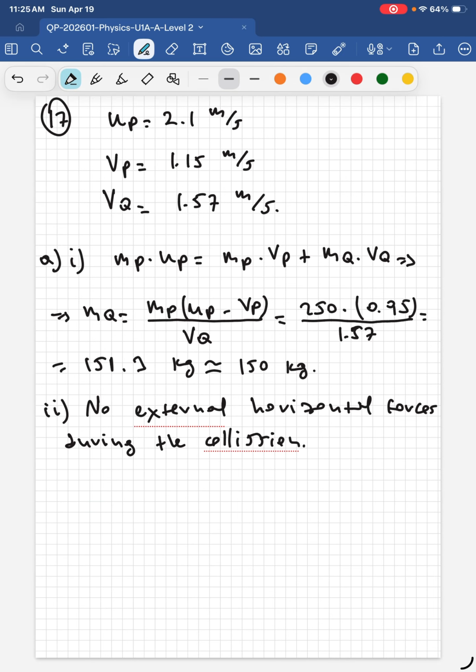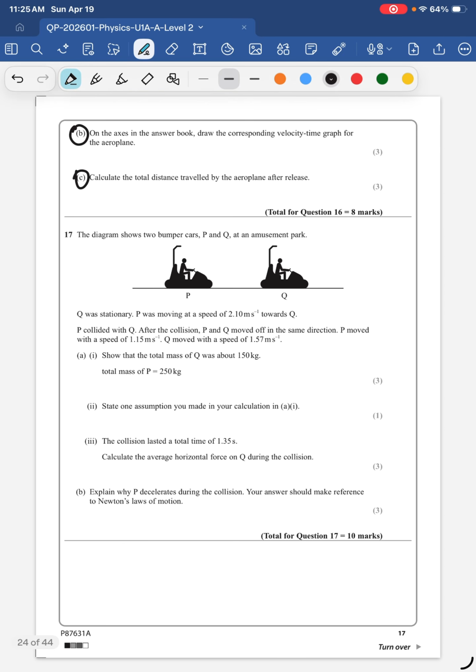Okay. Part 3, the collision lasted a total time of 1.35 seconds. Calculate the average horizontal force on Q during the collision. Okay, so this is an internal force, okay, when we are dealing with momentum. So Newton's third law is related to momentum in that when two objects collide, let me show you down here.